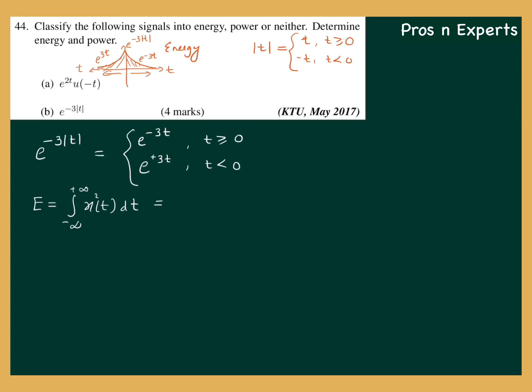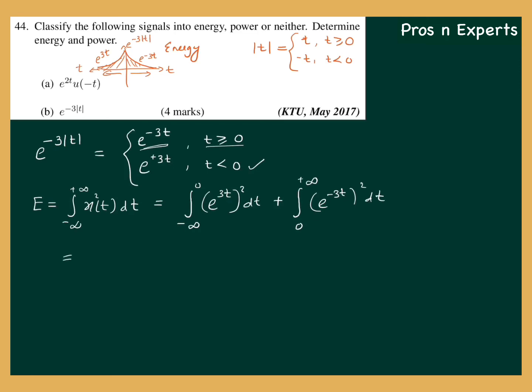So I can split this integral into two. One is in the negative time axis from minus infinity to 0, where the function is e raised to 3t, so e raised to 3t the whole square, dt, plus the second half of the integral in the positive t axis, from 0 to plus infinity, where the function is e raised to minus 3t, so e raised to minus 3t the whole square dt.